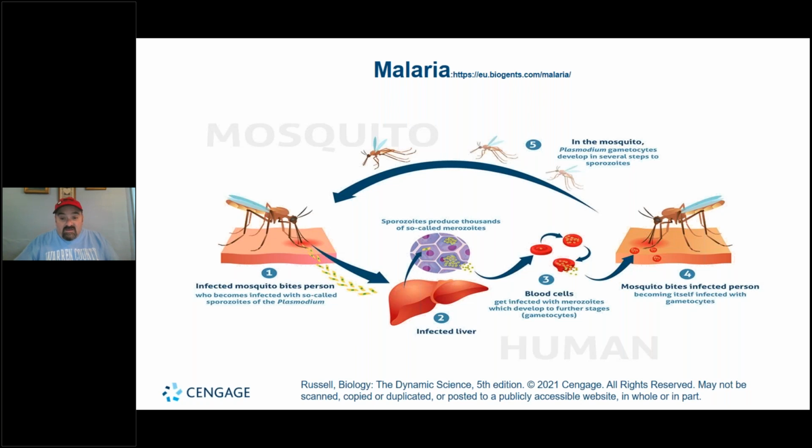You'll see here then another mosquito will come by and remove the blood, and say this mosquito does not have the parasite whatsoever. It will then get the parasite from someone who is infected, bites the infected person, and then the cycle begins all over, and it's just not a good thing.